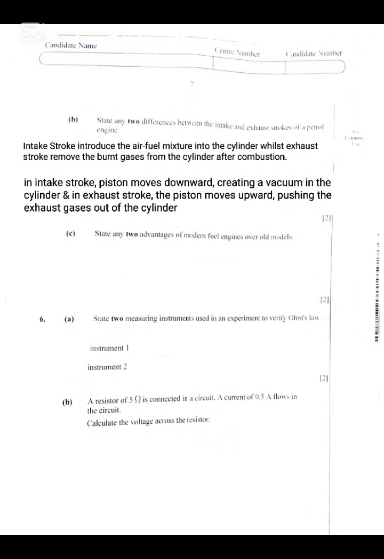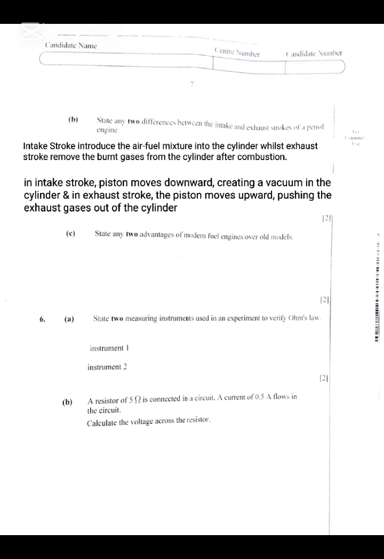And then we can also give the differences looking at the operation. In the intake stroke, the piston is going to move downwards, creating a vacuum in the cylinder. And then in the exhaust stroke, the piston moves upwards, pushing exhaust gases out of the cylinder. So you get the 2nd mark by giving the difference in their operation.